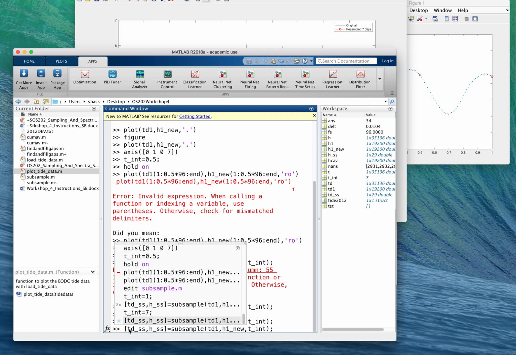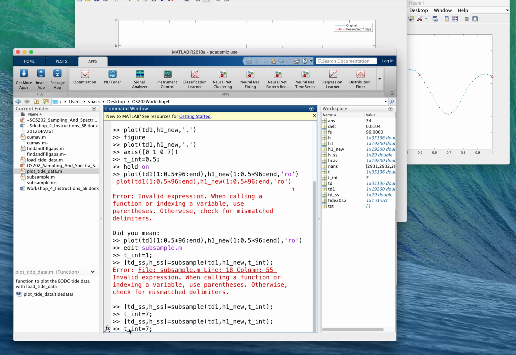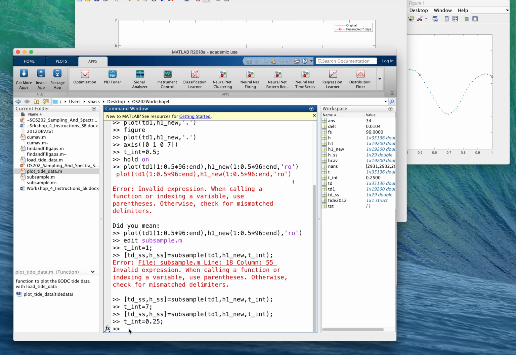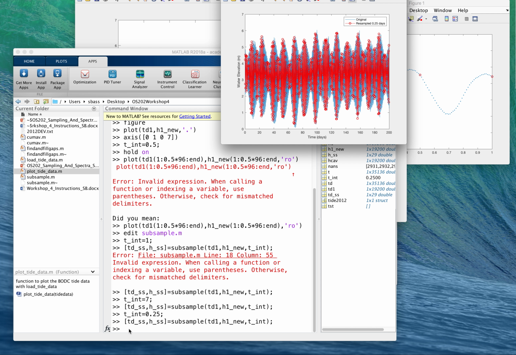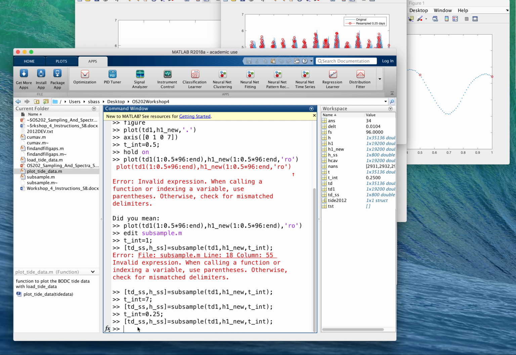Okay, we could try a shorter time interval. Let's try t int is equal to, what should we try? A quarter of a day, 0.25. Okay, and what does this do? It's looking slightly better, but maybe we'll change the time axis on that.